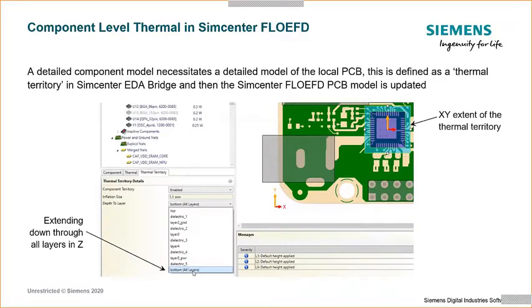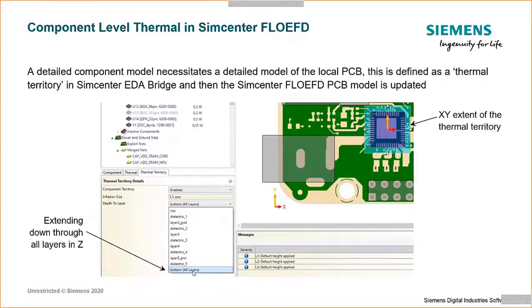Now that we've got a highly detailed component model, for a balanced modeling approach, this necessitates a much more detailed model description of the PCB local to this detailed component.